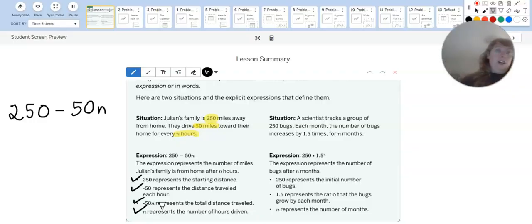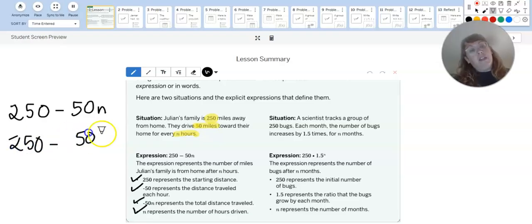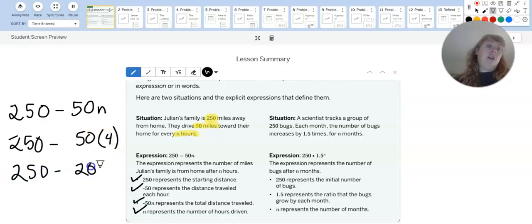So if we wanted to figure out the distance after 4 hours, we could plug in 4 for n, and we do 50 times 4. 50 times 4 is 200, and 250 minus 200 is 50.